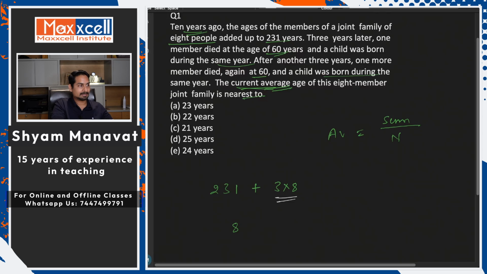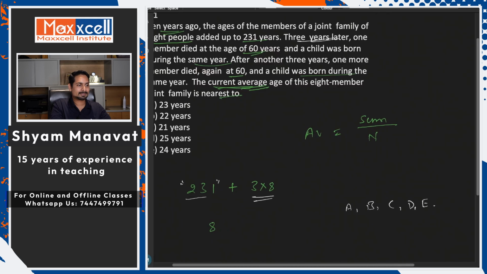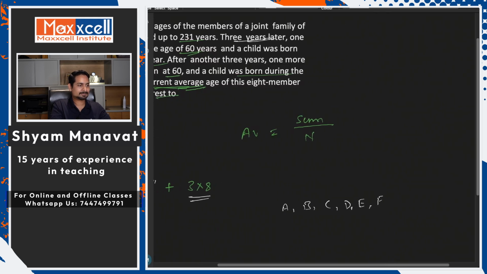Understand there are 8 members in the family and we say that okay, 10 years ago this was the case, and from here, 3 years later, right? So 3 years later, suppose there are A, B, C, D, E, F, G, H, 8 members.